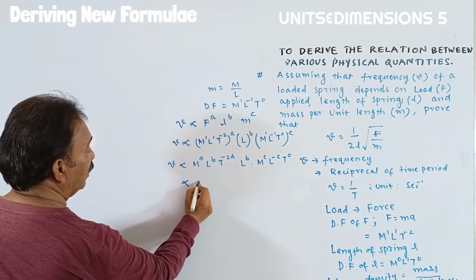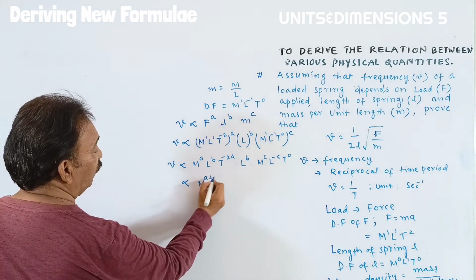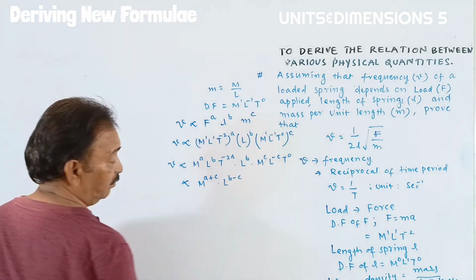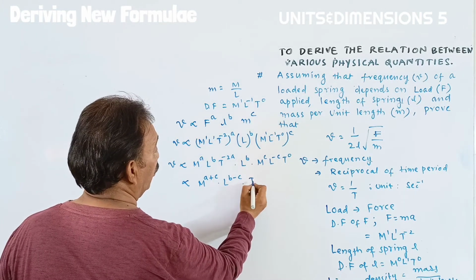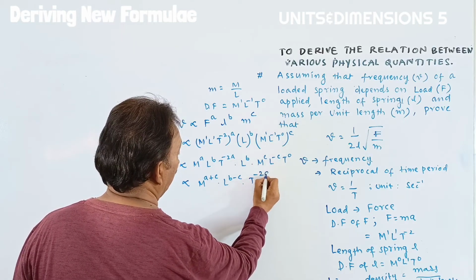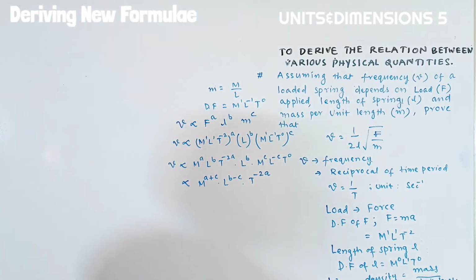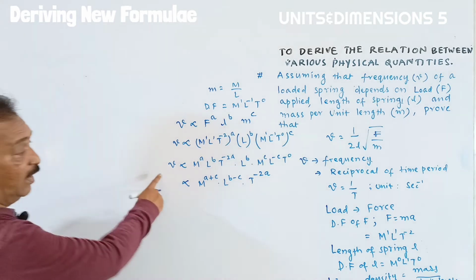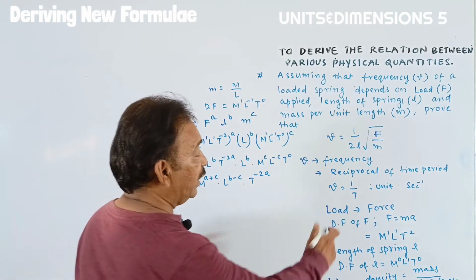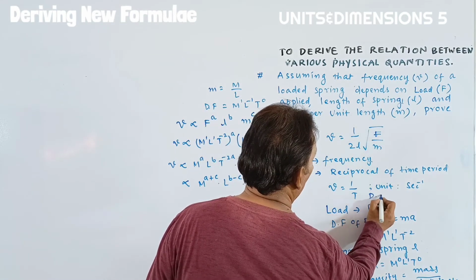Frequency is directly proportional to m to the power of a plus c, L to the power of b minus c and t to the power of minus 2a.